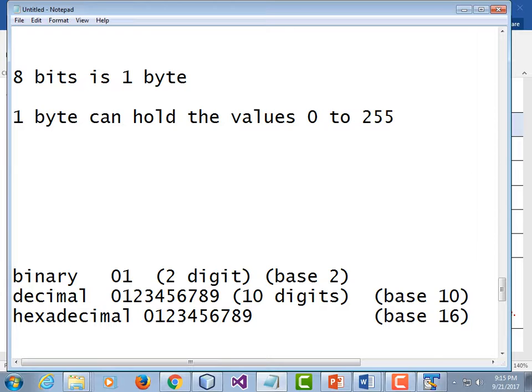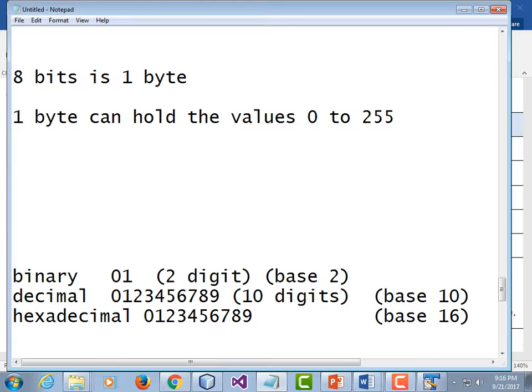Now, if you were Russian, did you use A through F? No, you used different letters. Did they have to choose A through F? No, they could have used the last 6 letters of the alphabet, or they could have used Greek letters, alpha and beta and theta and whatever.